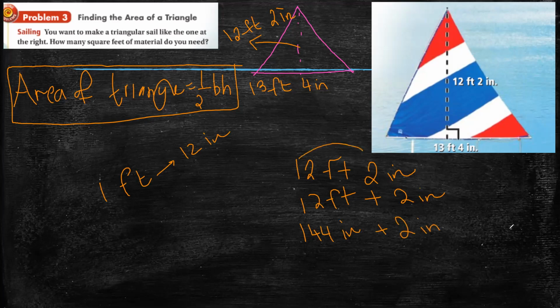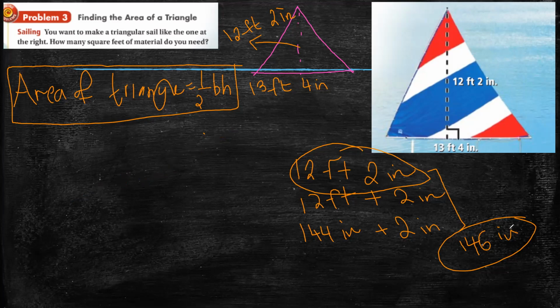So 12 feet 2 inches is equal to 146 inches. Is it clear? Yes. Okay, so the height here is 146 inches, which is 12 feet 2 inches.